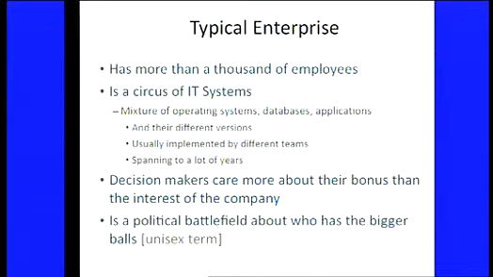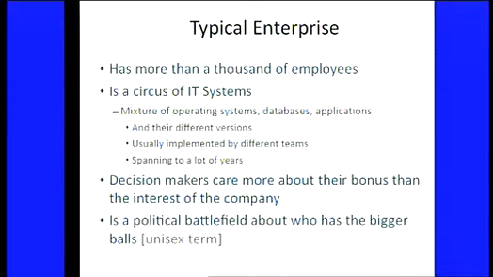And of course, there are different versions, which are usually implemented by different teams, and sometimes even trainees. So, also spanning a lot of years, where some departments are even extinct and don't exist anymore.